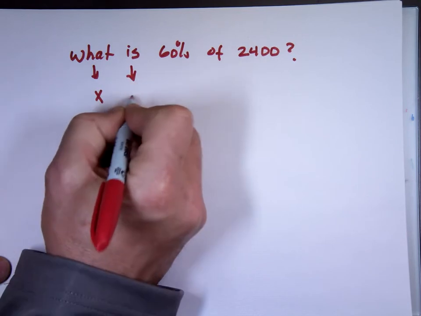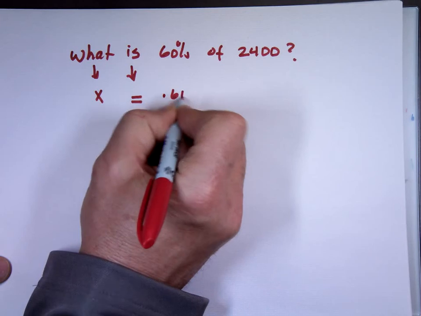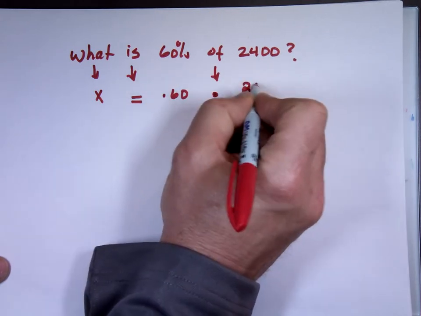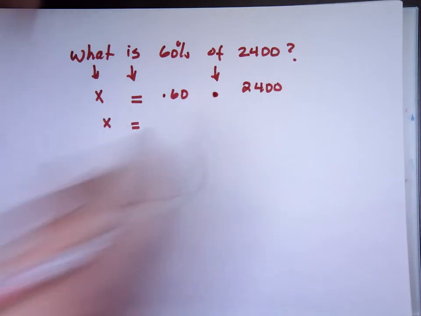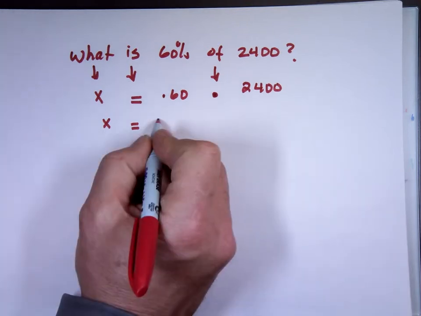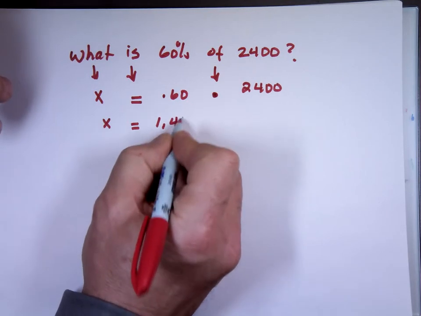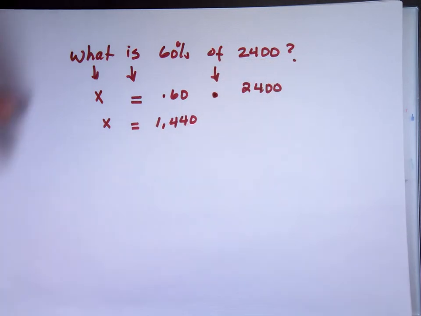Is equal 60%, 0.60. Of means multiply, and this is 2,400. So your financial aid is $1,440. That means you have to come up with the difference if you want to go to STCC.